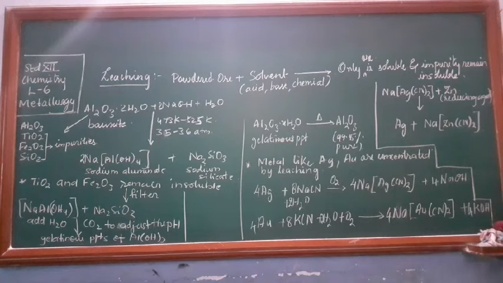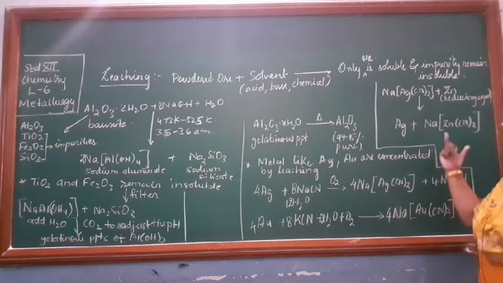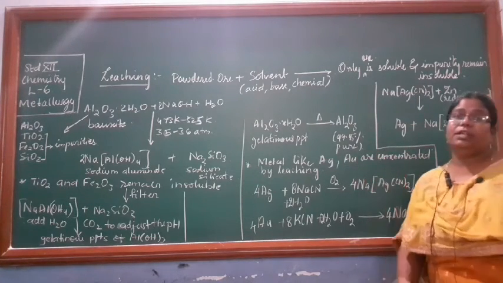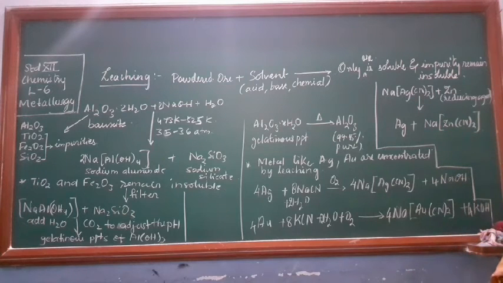This way it will get reduced. Similarly, Au, which forms a complex with CN, can also be reduced in this manner. So this is how you can understand how the leaching process of Ag and Au can be carried out.